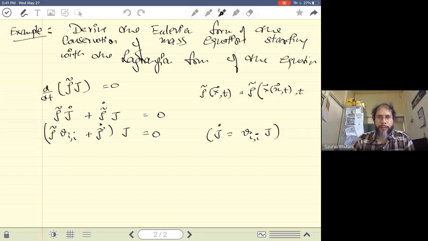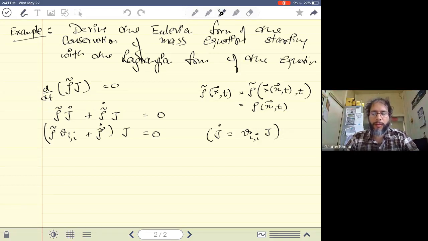So this we call rho as a function of small x and T. Tilde, if you remember, was used for the Lagrangian form, and we can come back to the Eulerian form, which we'll call simply rho.